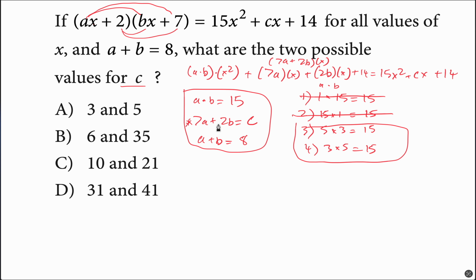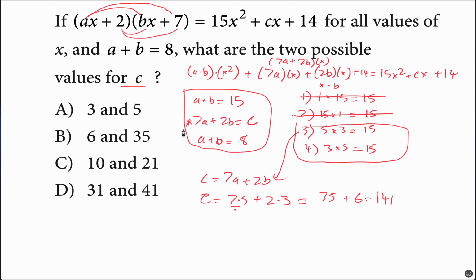Now to find the c, you need to plug these numbers in here. So what do you have? You have c equals 7a plus 2b. So first, take this one, plug in here. You have c equals 7 times 5 plus 2 times 3. Okay? So this is 35 plus 6 equals 41.